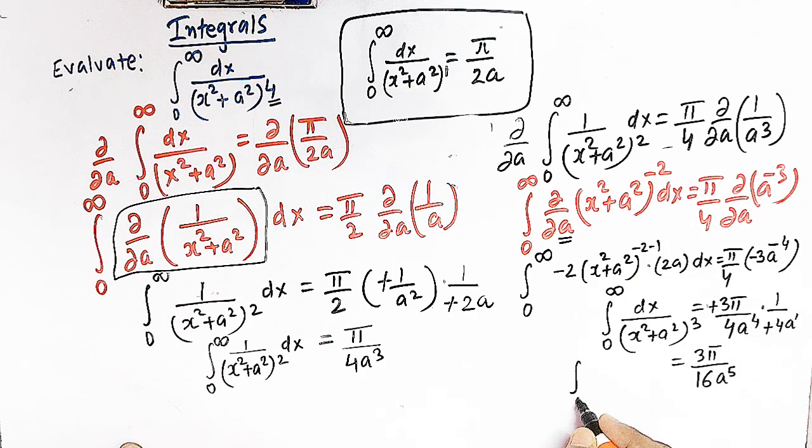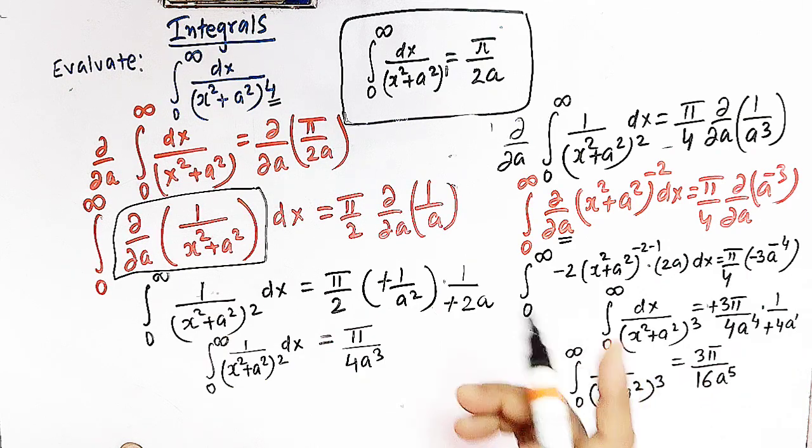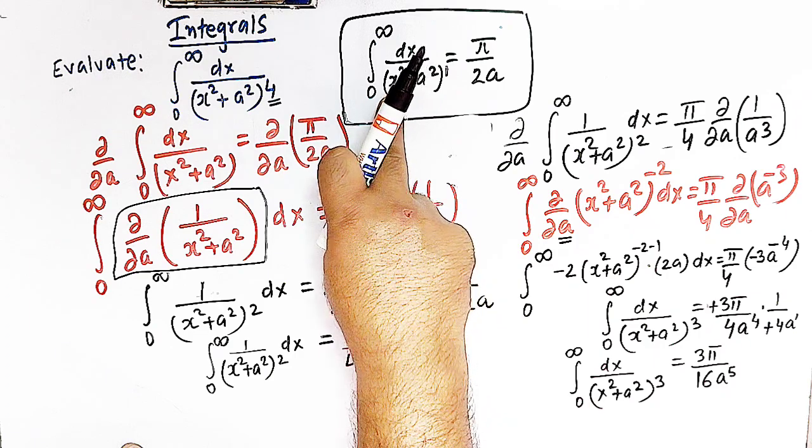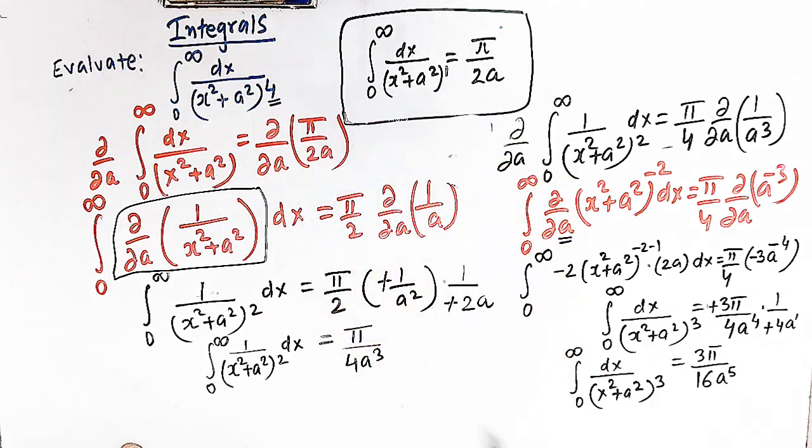So now we have the value of the integral, that is 0 to infinity dx over (x square plus a square) raised to 3, as 3 pi over 16 times a raised to 5, right? And now we have seen that when we differentiate both sides, the exponent is increased by 2, right?